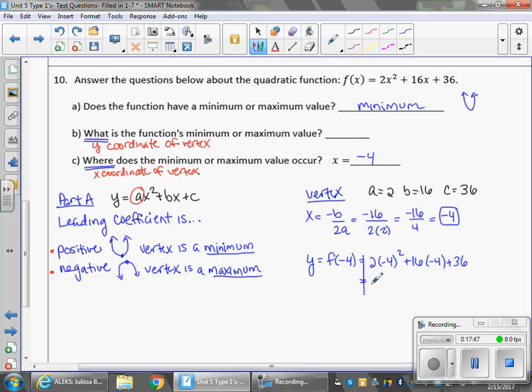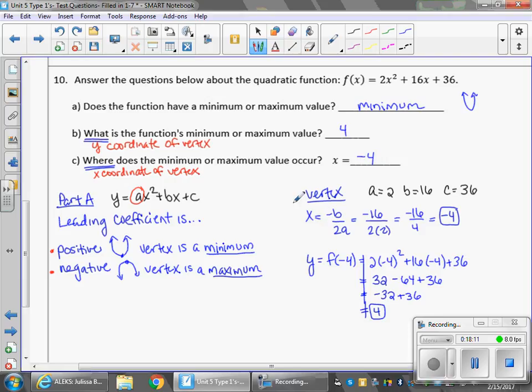Go ahead and simplify that on your own. So you should have said 32 minus 64 plus 36. So that's negative 32 plus 36. And that comes out to positive 4.